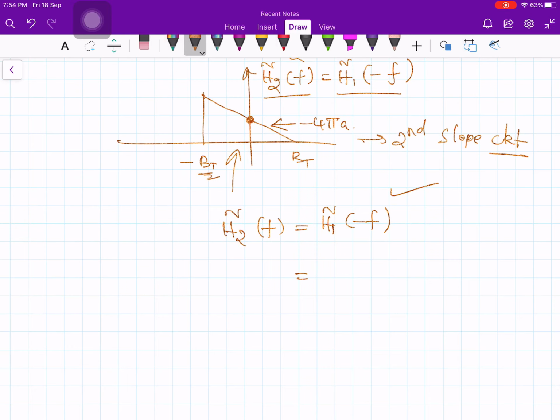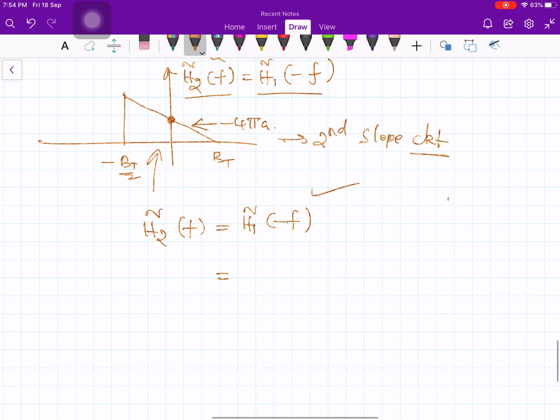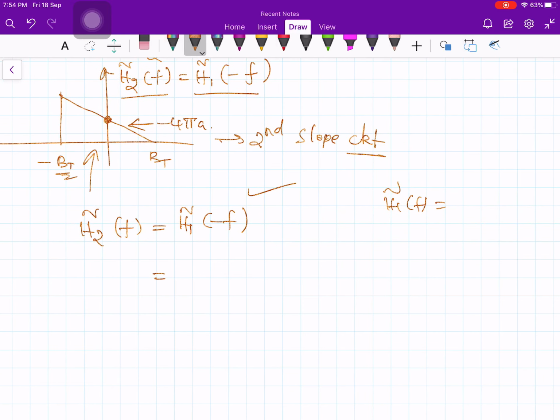You recall your H1 tilde of f is equal to j times 2 pi a times f plus b suffix t by 2. Now this one becomes j times 2 pi a, where f is replaced by minus f, that is why I put the minus symbol here, plus b suffix t by 2.